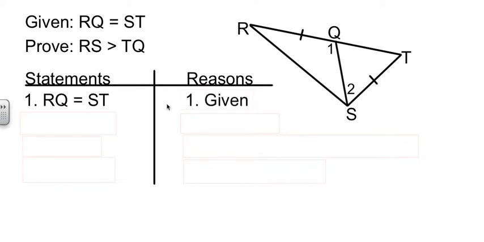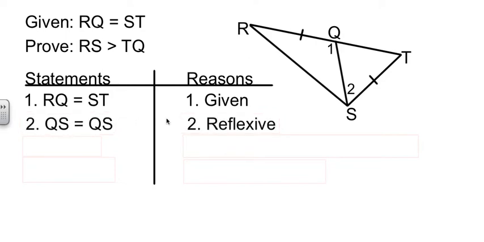Okay. Now, based on the idea that we've been talking about, the hinge theorem and its converse, I want to think about how to get two sets of congruent sides. I've got one set, RQ equals ST. I see the reflexive piece, so QS is equal to QS by reflexive, easy for me to say. So now I've got two sets of sides equal.